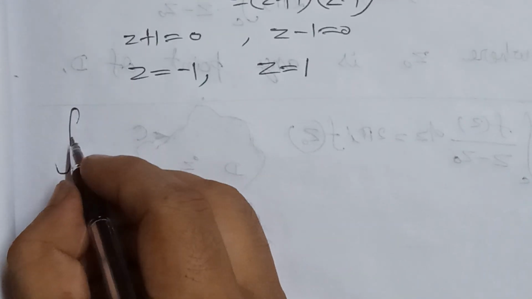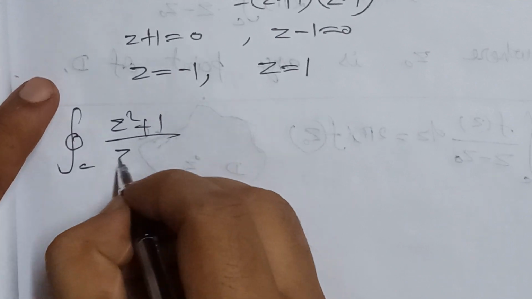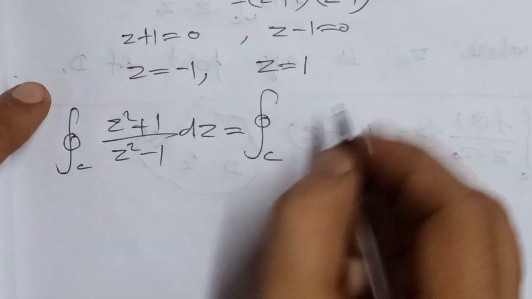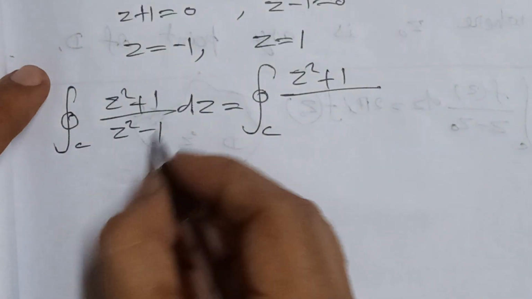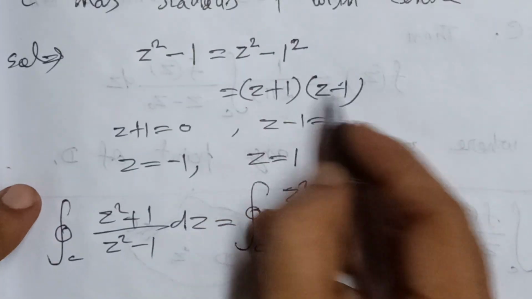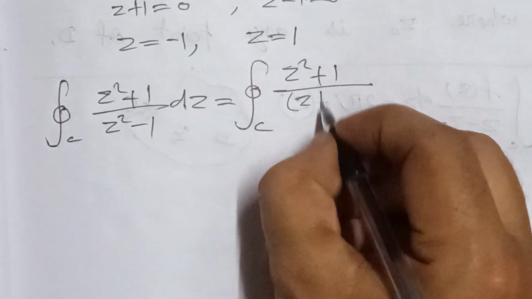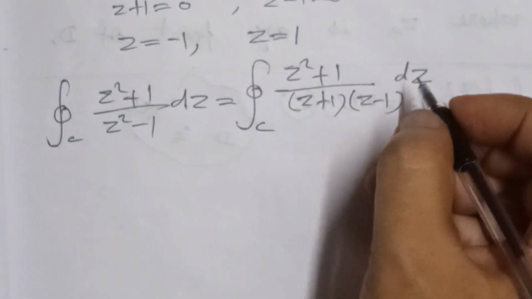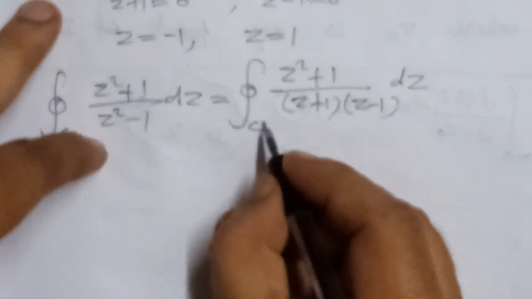We can write this as closed line integration of (z squared plus 1) upon (z squared minus 1) dz, and (z squared minus 1) we can write in linear factors as (z plus 1) and (z minus 1) dz. Now we must discuss the curve C.